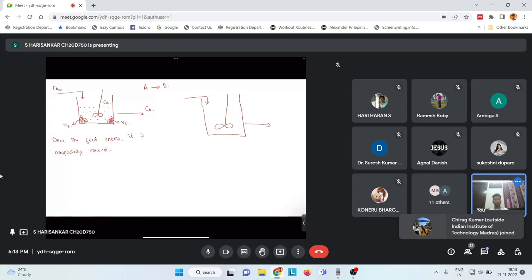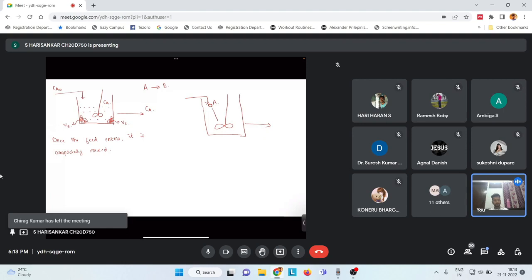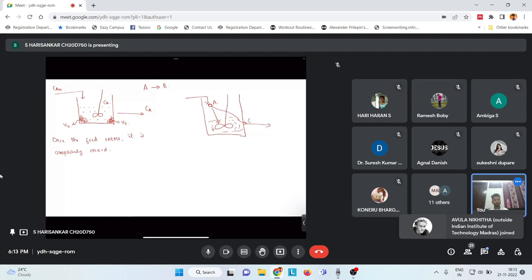Let's say this is a molecule of reactant A. Instead of going into this reaction system and getting reacted and staying inside the reaction system for a time t, what can happen is this molecule of A can just bypass this whole thing, and without getting totally converted, it can just get out. That is also a possibility. So this is something called bypass, and this is stagnation.